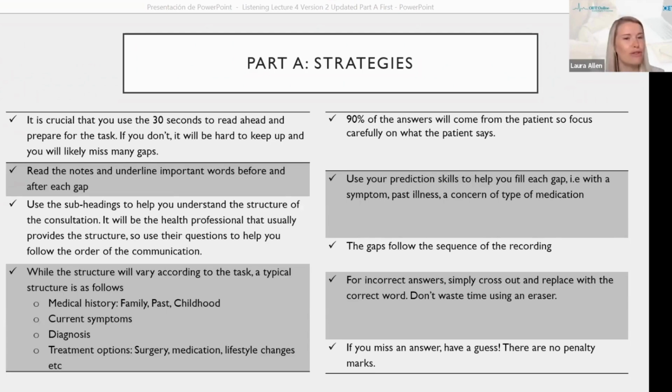Prediction: if you're not new, you will have predicted with me before, and I'm sure you'll agree that prediction can be very helpful, especially for part A, because normally we can predict one or two of the gaps. Using your knowledge as a health professional, imagine you're reading something like "patient's partner suspected and phoned an ambulance".